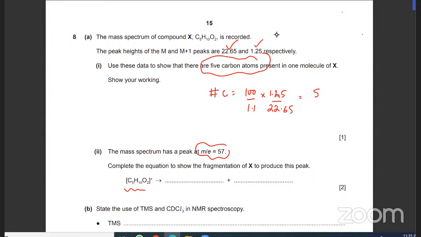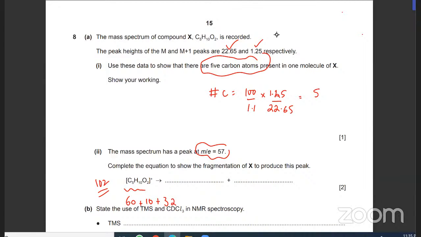That's 5 carbon atoms, 12 into 5, that's 60. Plus 10 hydrogens, plus 2 oxygens, that's 32. So the total mass comes out to be 70 plus 32, 102, right? So when it gets broken down into pieces, one of the particles has a mass of 57. So what could that be?